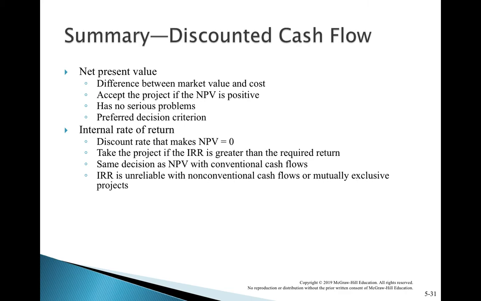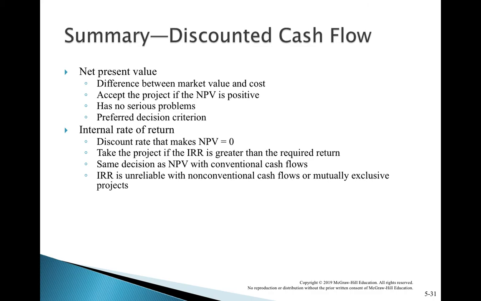That is the definition. Take the project if IRR is greater than the required rate of return. IRR 15%, the required rate of return is 10%. So IRR greater than required rate, accept. Required rate 10%, IRR 5%, IRR is less than the required rate, so reject. Same decision as NPV with conventional cash flows. If the cash flows do not have sign change, normally NPV and IRR give the same decision.